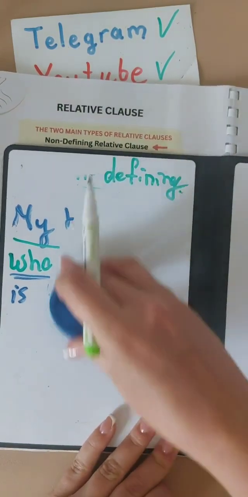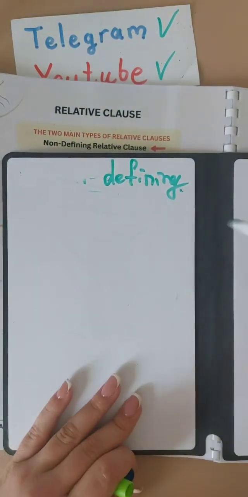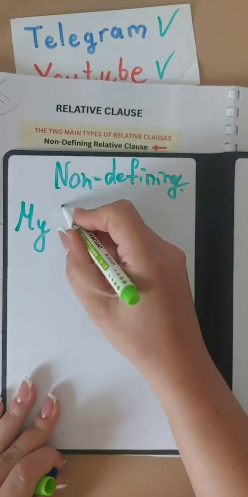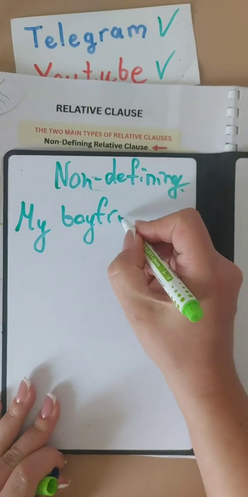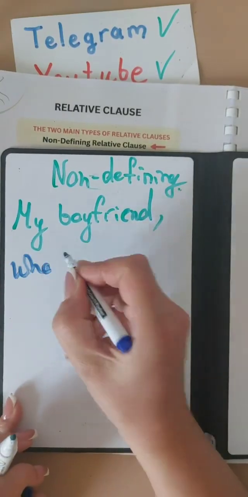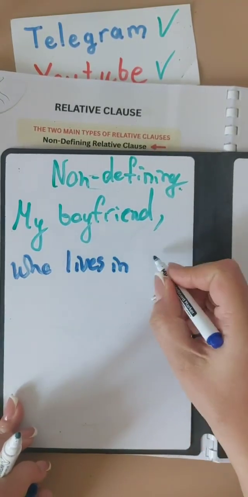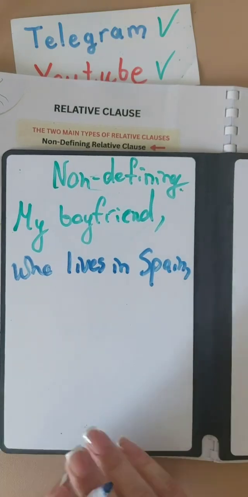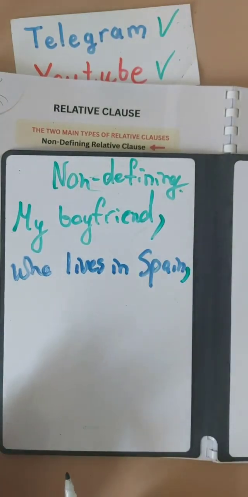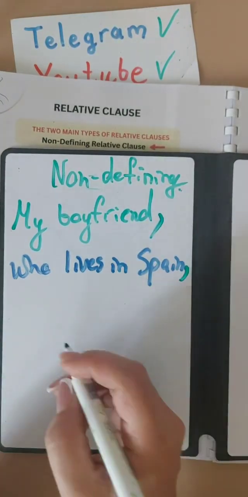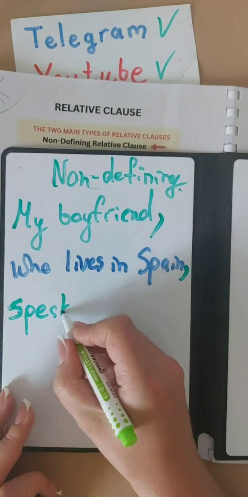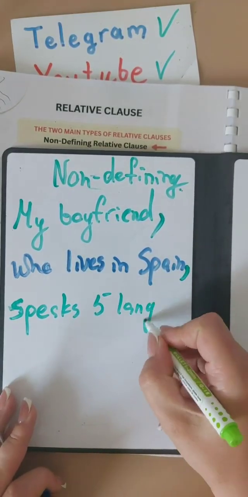Another example. Again, non-defining. My boyfriend, who lives in Spain, now, as you can see, comma, my boyfriend, who lives in Spain, speaks 5 languages.